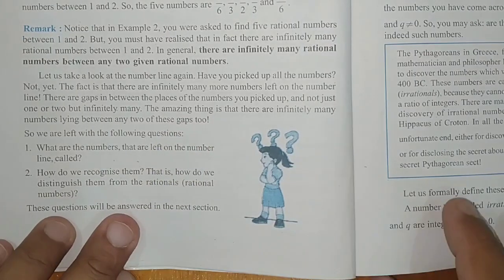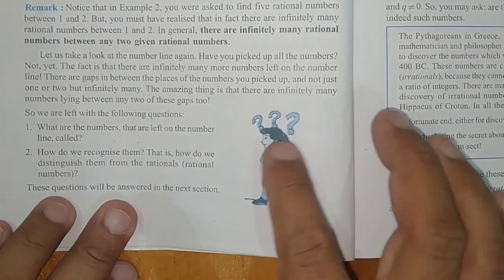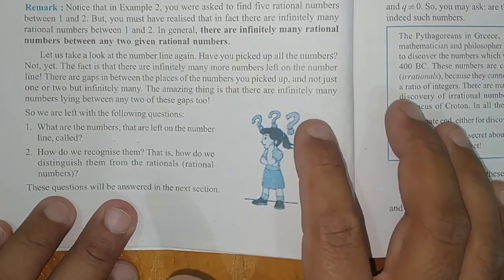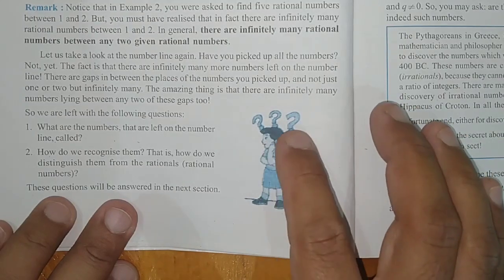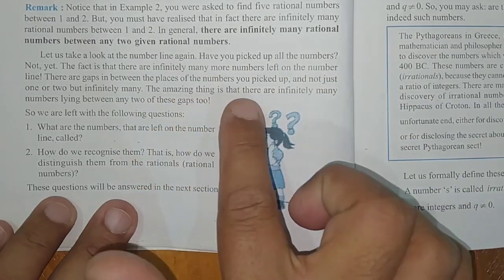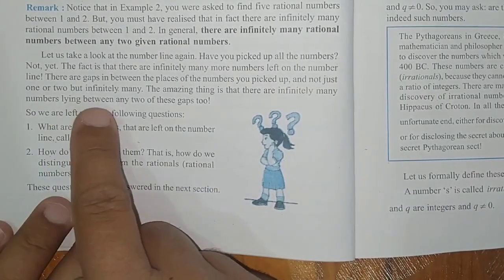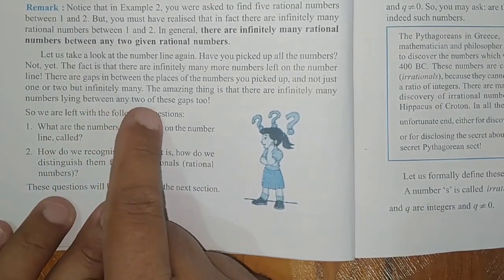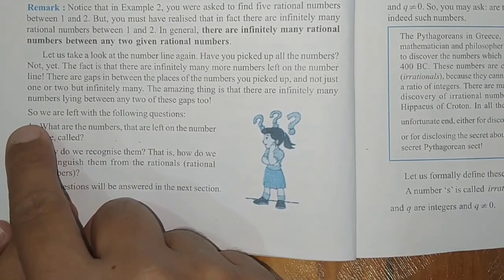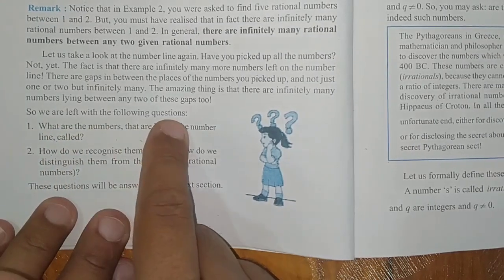So here, a girl picture is shown, with question marks over her head, because the amazing thing is that there are infinitely many numbers lying between any two of these gaps too. Now see here. So we are left with the following questions.